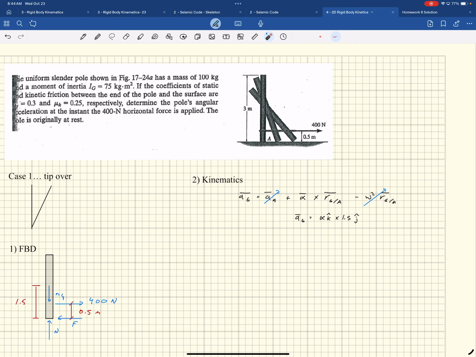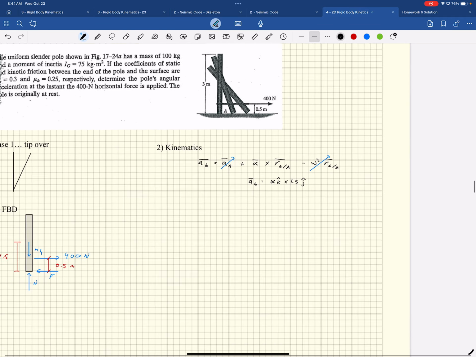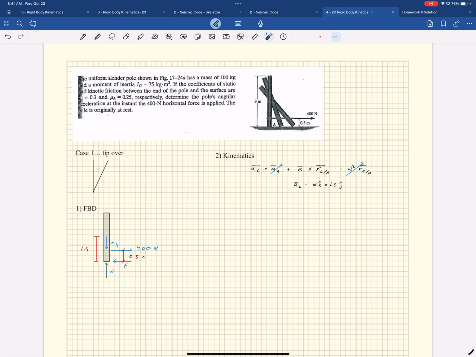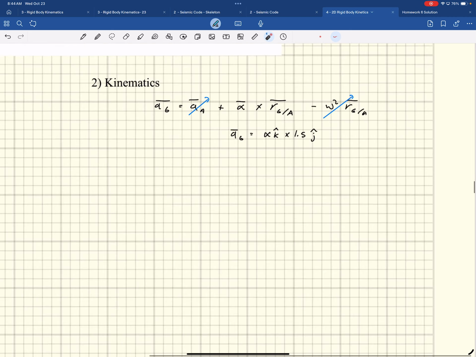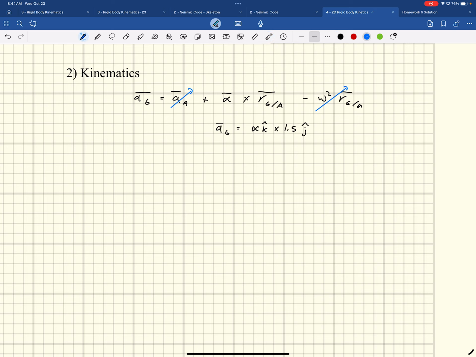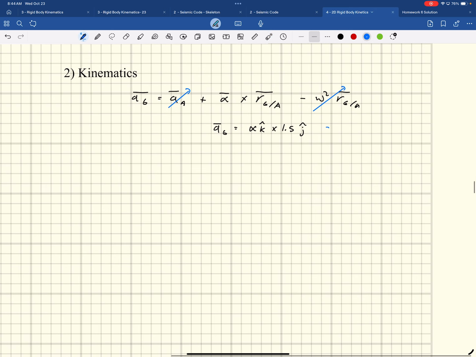1.5 in the J. And you do it in the instant that's shown, at this exact instant. When you do those dimensions, sure, after a little while the AG is going to be off to the right a little bit, but you do it just at that exact instant. So AG is just alpha in the K crossed with 1.5 in the J, and this ends up being equal to negative 1.5 alpha in the I direction.